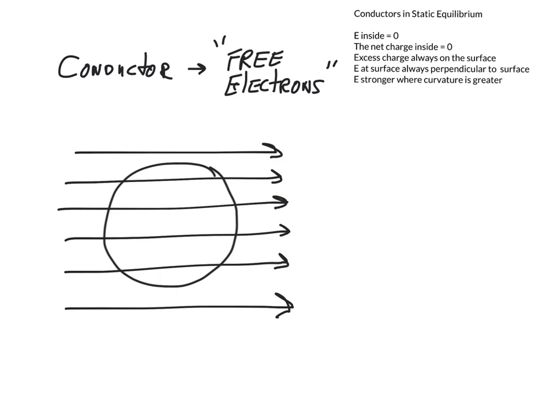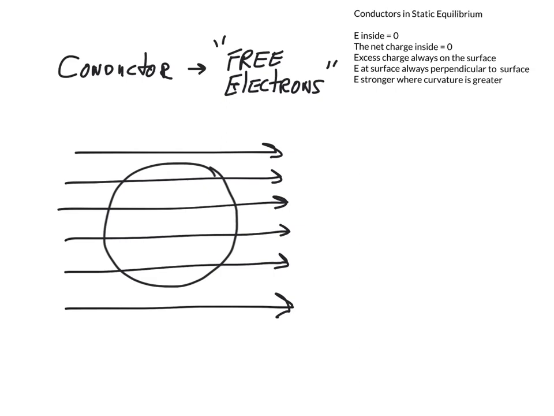That's the first rule. So what happens is, because there's free electrons inside the conductor, a free electron in an electric field will be subject to a force. So what's the electron going to do? It's going to move opposite the direction of the field, right?